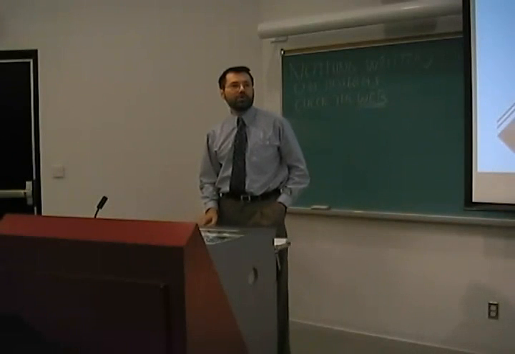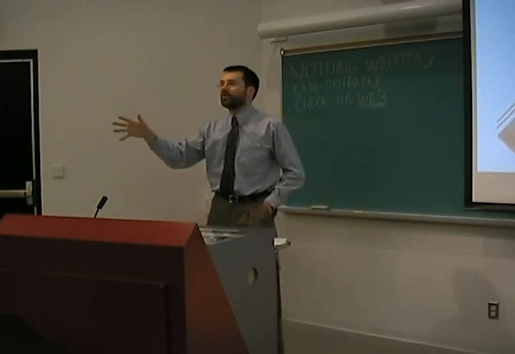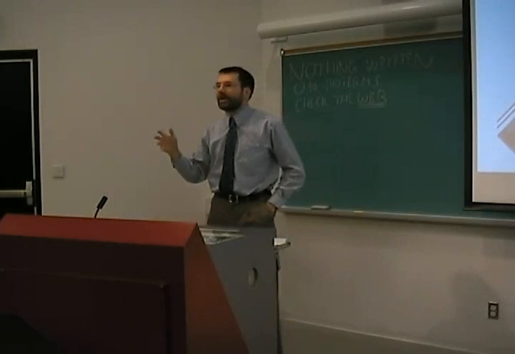Okay? One of the important things to remember, and the last point on this slide, is that in an extension, if you're doing it properly, if you're following the standard methodology, you're going to list all the steps from beginning to end in the exceptional case. So the user comes in, the user logs on, the user displays the screen that shows the courses that are available to them, or their current schedule. The user clicks on a course, and the user is told that that course is now full.